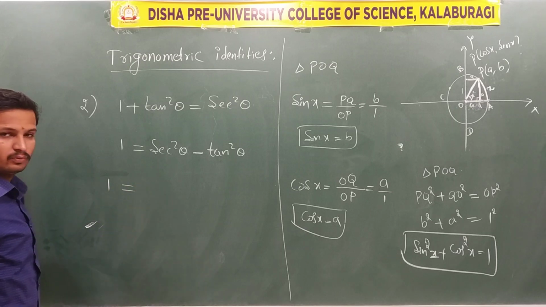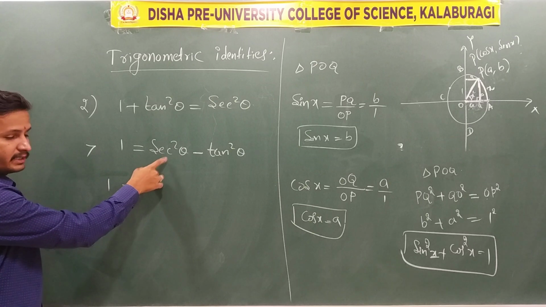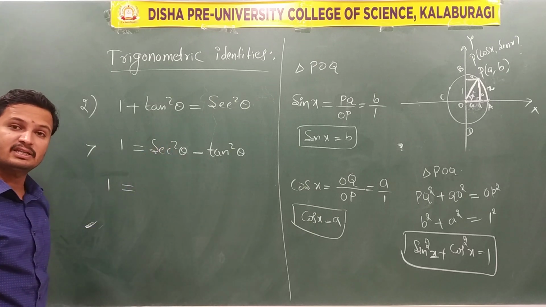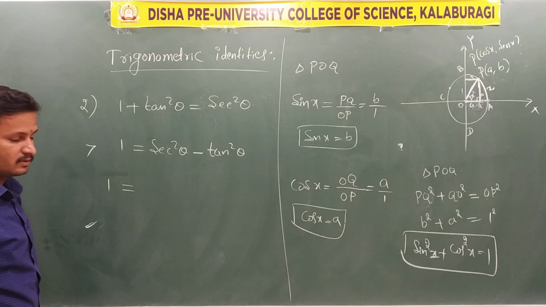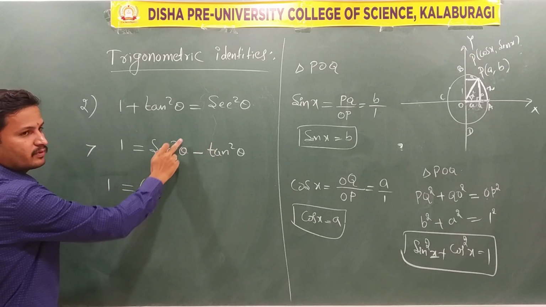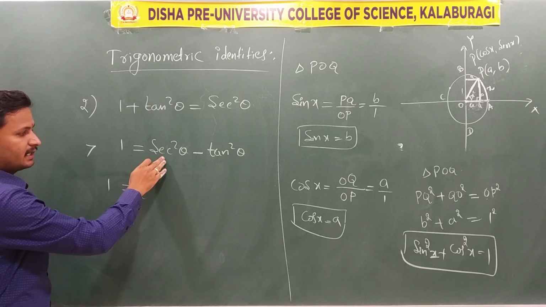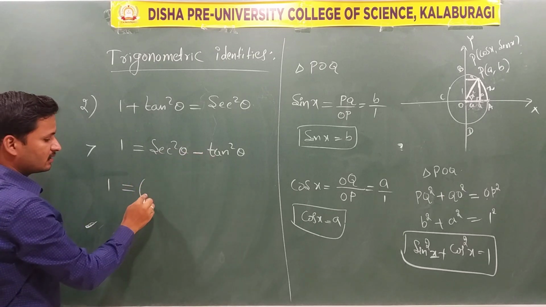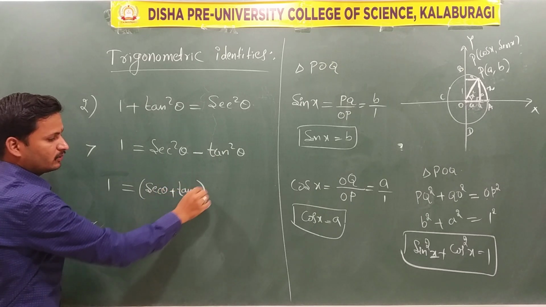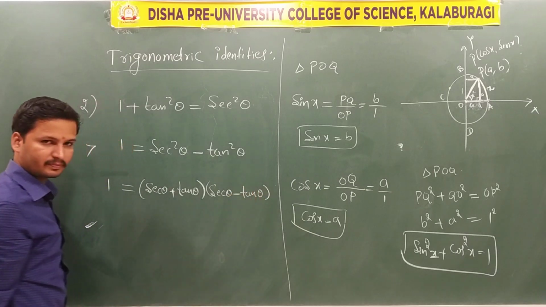Next, how to write this secant square theta minus tan square theta? This is one identity, please note. We can use the a square minus b square formula. Suppose this is a square minus b square. A square minus b square is equal to a plus b into a minus b. But here a is secant theta, b is tan theta. So 1 equals secant theta plus tan theta into secant theta minus tan theta.